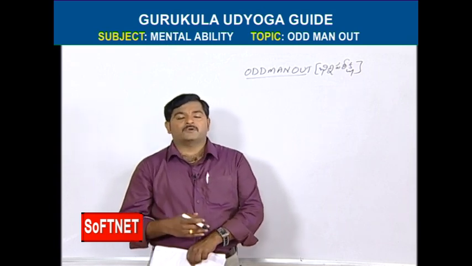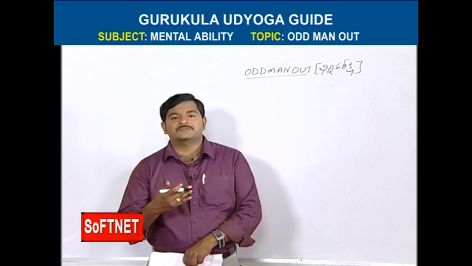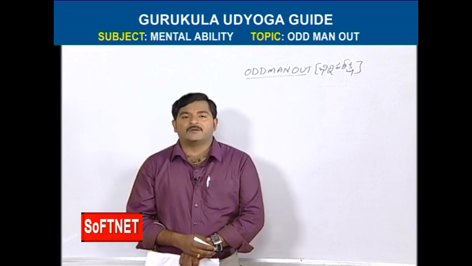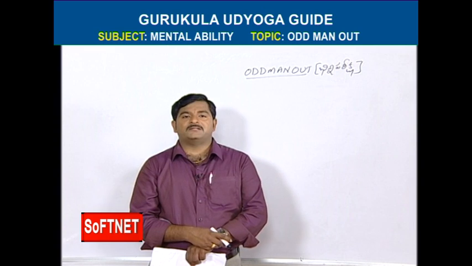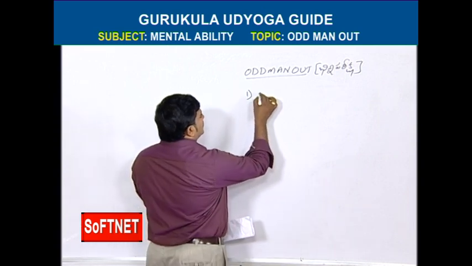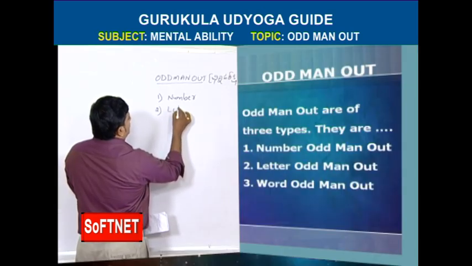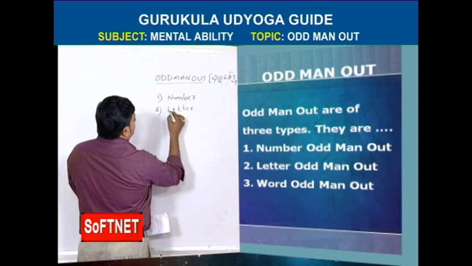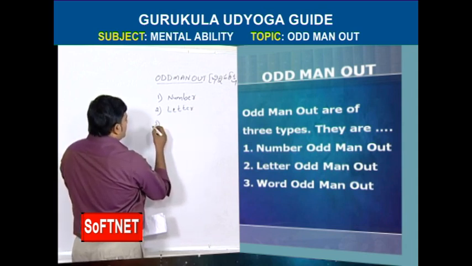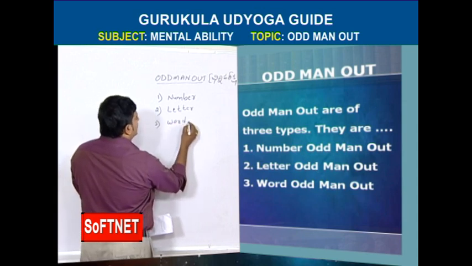Before taking different types of questions, first we need to discuss how many types of odd man out there are. There are mainly three types: number odd man out, letter odd man out, and word odd man out.